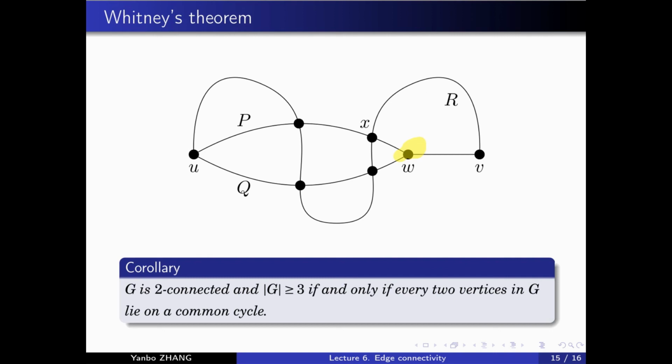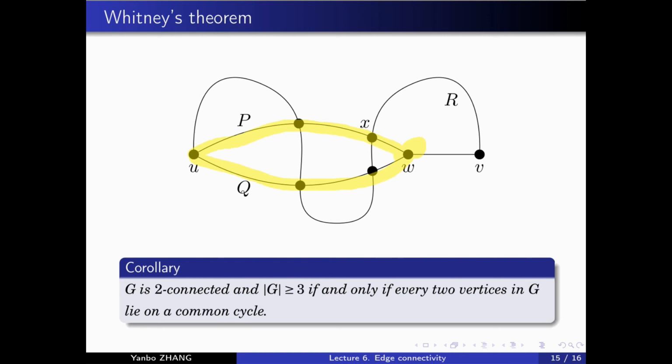Because d(u,w) equals k minus 1, now we can use the induction hypothesis and hence we can find internally disjoint u-w paths P and Q. This is by the induction hypothesis. But remember that we need to find internally disjoint u-v paths.